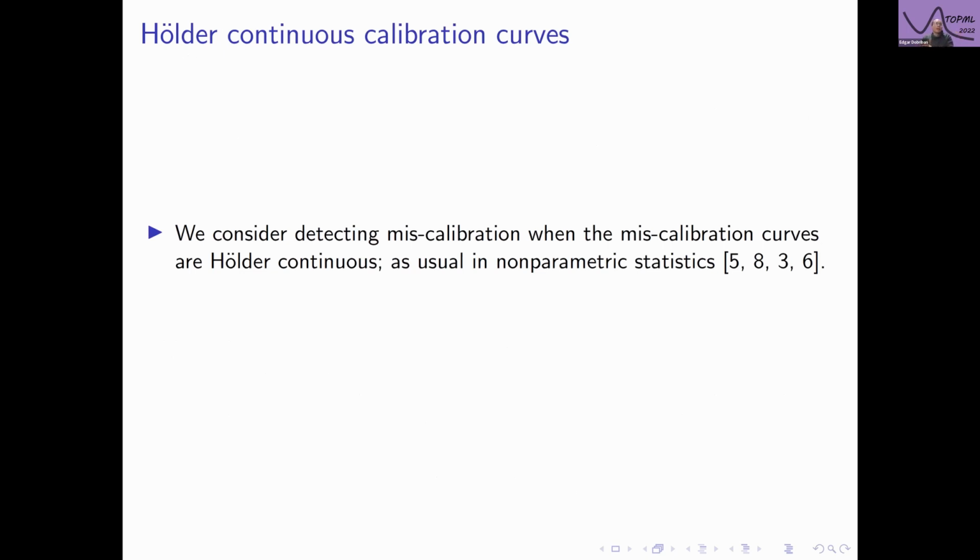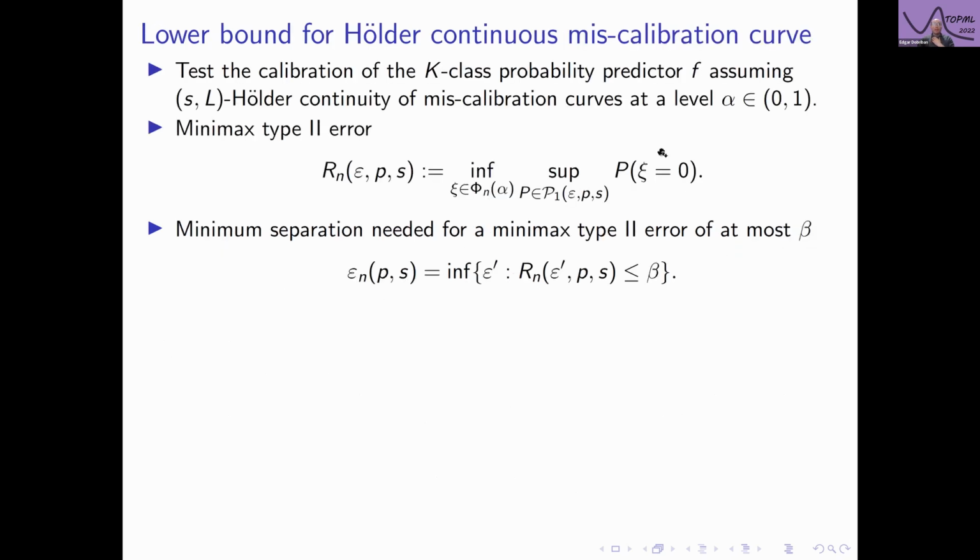And that motivates us to look at some sort of smoothness. We could look at other types of smoothness, like Besov spaces or something. We just looked at Hölder smoothness, and we have the analogous definition of the type 2 error here, but only over the usual Hölder smooth class. We have the so-called detection rate, which is the smallest epsilon prime needed to make this minimax type 2 error go below beta.